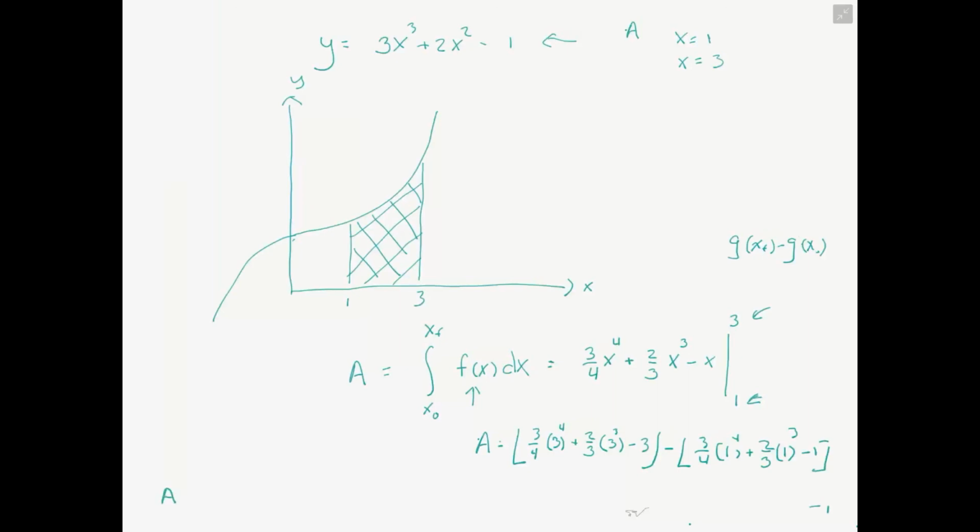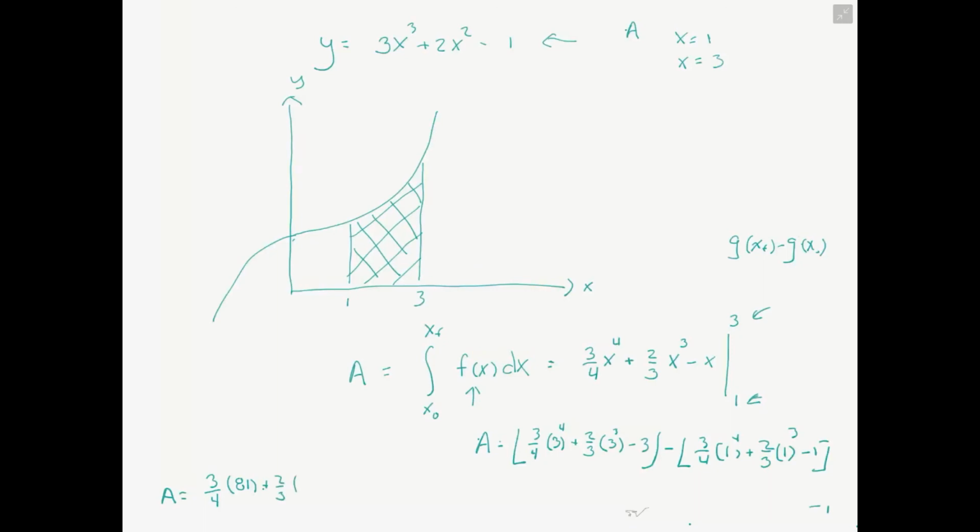Okay, so when we do this calculation, we have, and we'll work over here, area equals, and this is an exact area, not an approximation, 3/4 times 81. That's because 3 squared is 9, and 9 times 9 is 81.